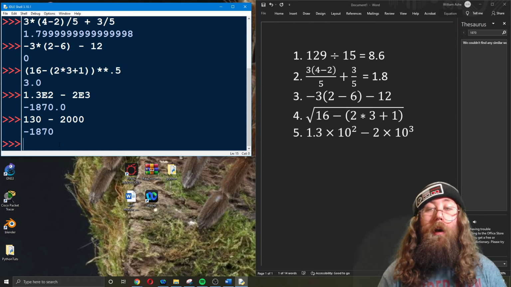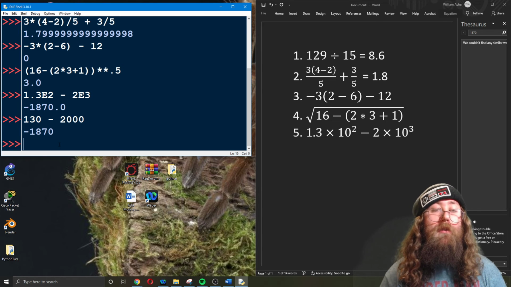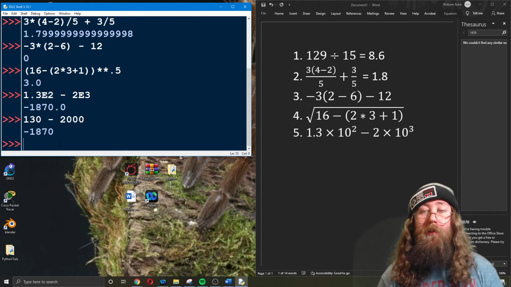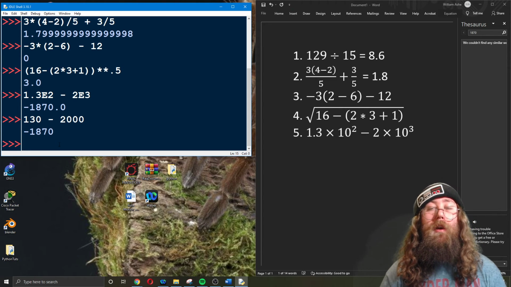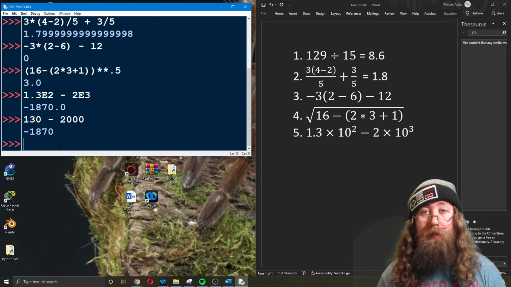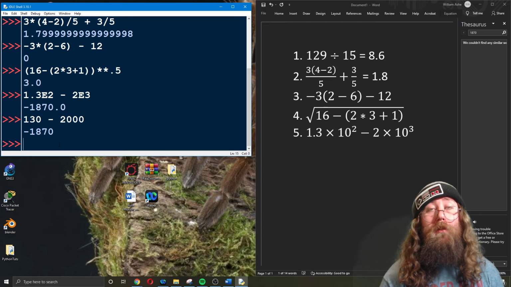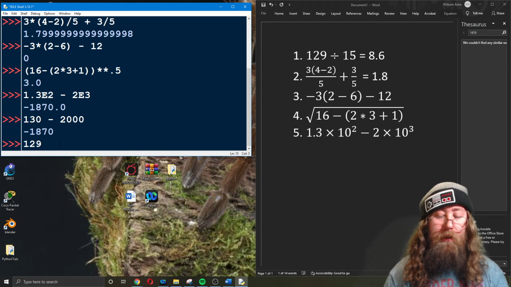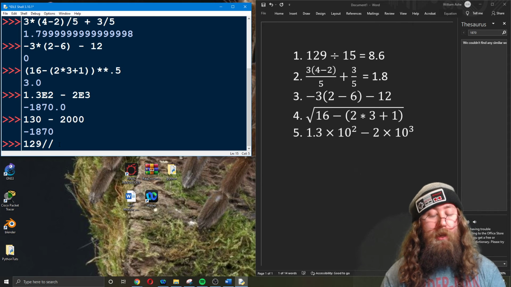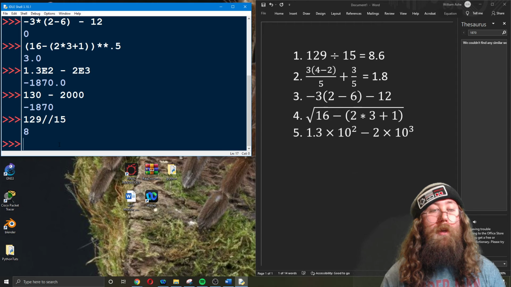There's one other thing I failed to mention here, and that's integer division. Integer division is a little different than the division with the forward slash. We use 2 forward slashes to say integer division, and it can have a pretty big impact on our answer. So let's try that out. 129 integer division 15. If we hit enter, we get 8.